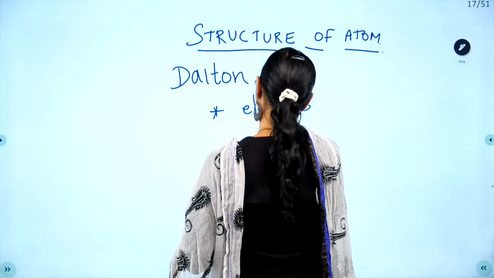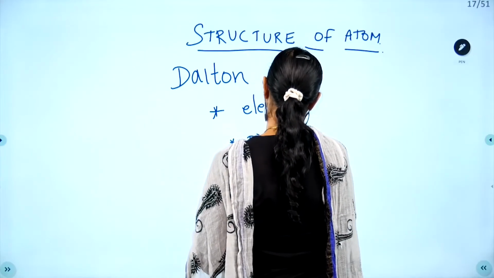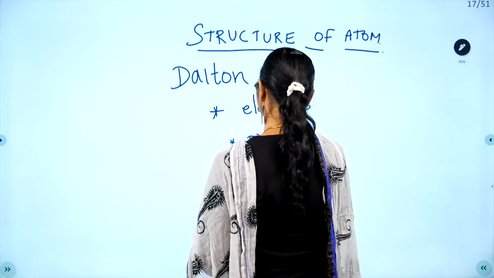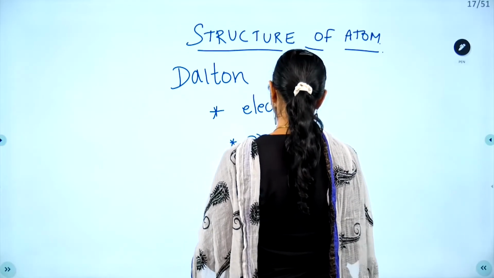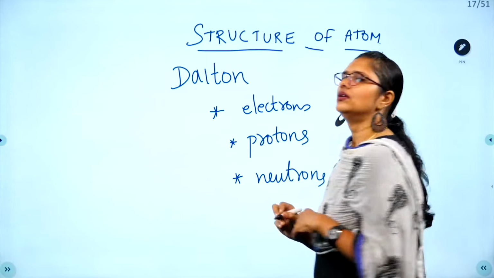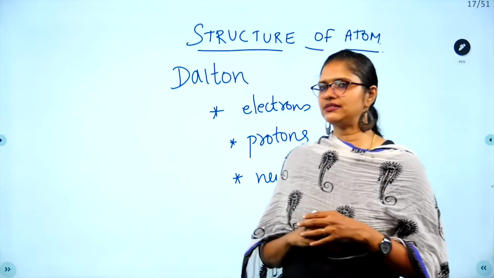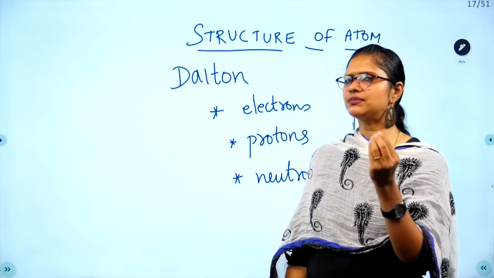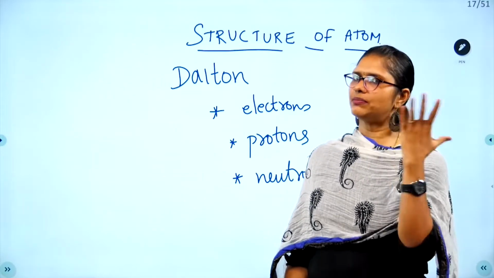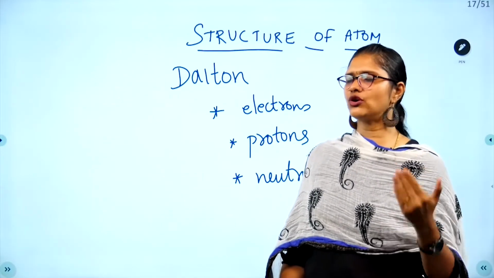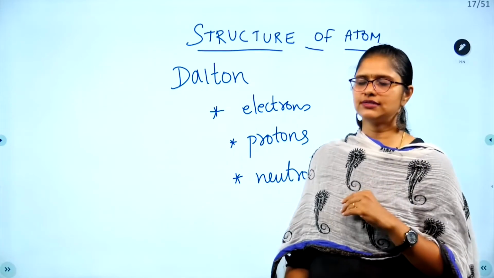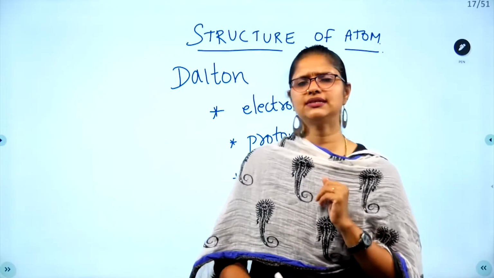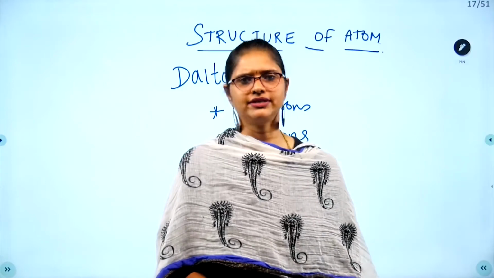Dalton explained that the atom is the smallest tiny particle which consists of subatomic particles, that is electrons, protons and neutrons. And what he said is atom cannot be divided.